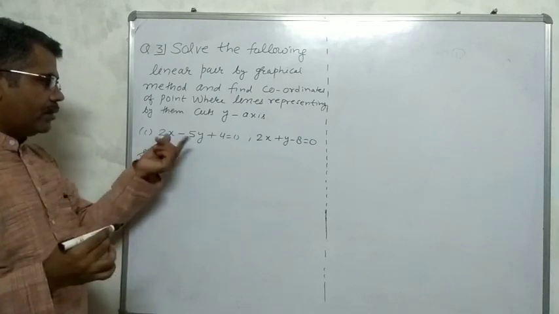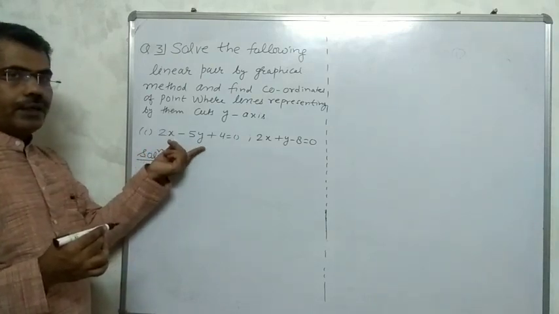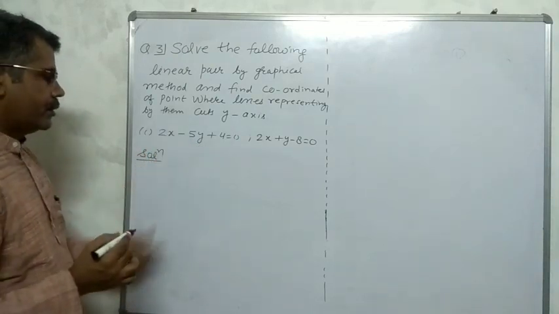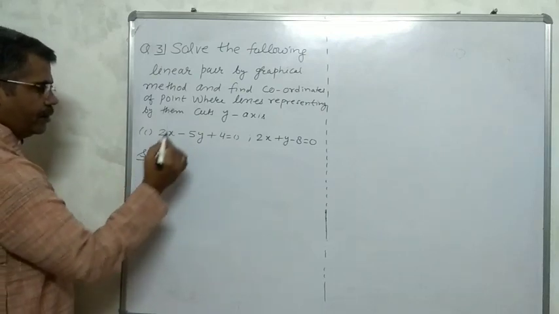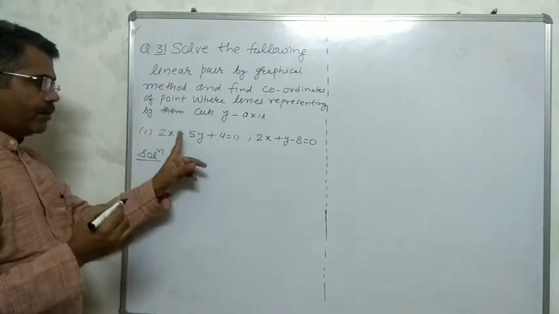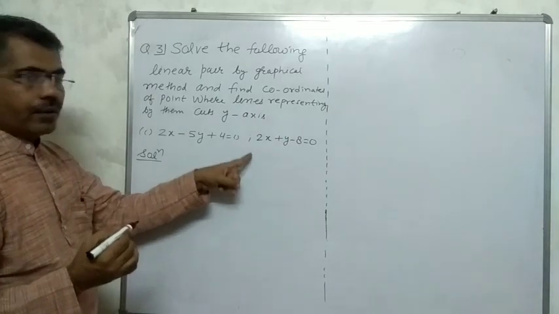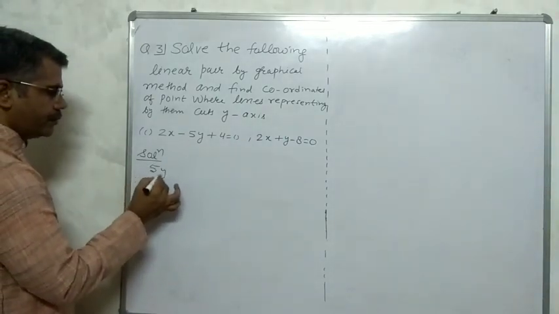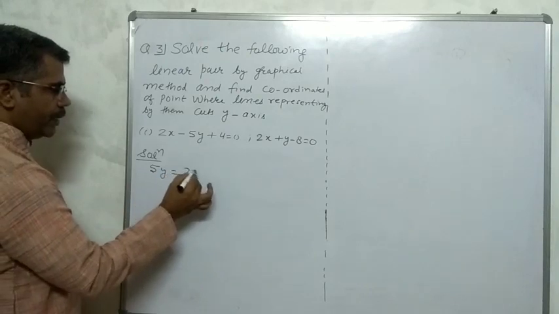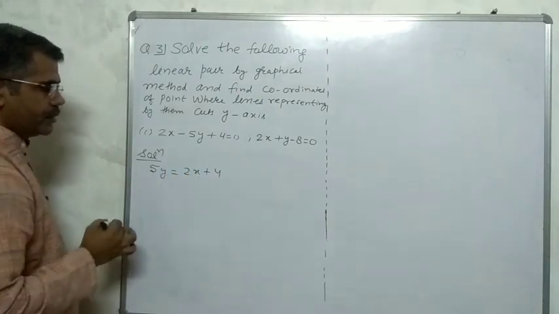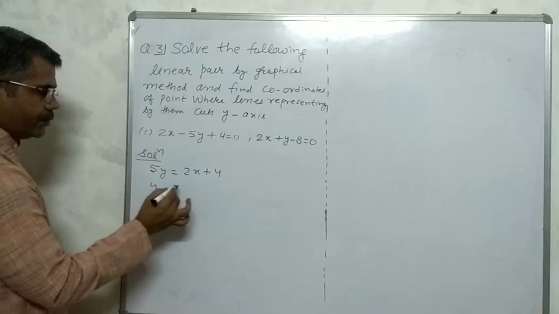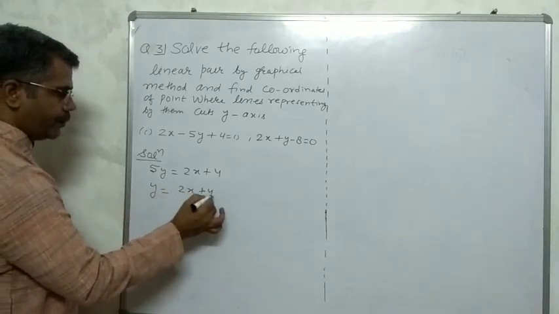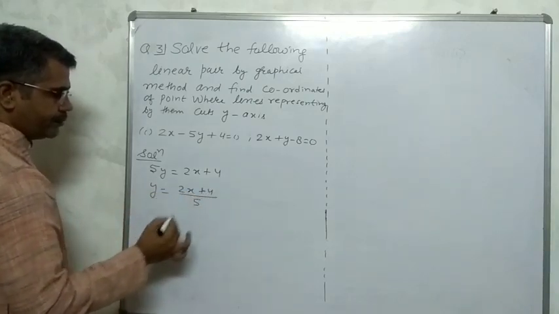We first write this linear equation in terms of y. On transposition of minus 5y to the right hand side we have 5y equals 2x plus 4 as it is. Y equals (2x plus 4) upon 5.